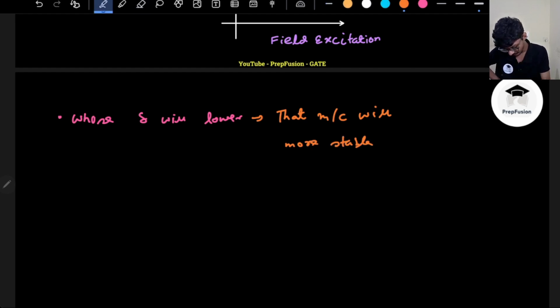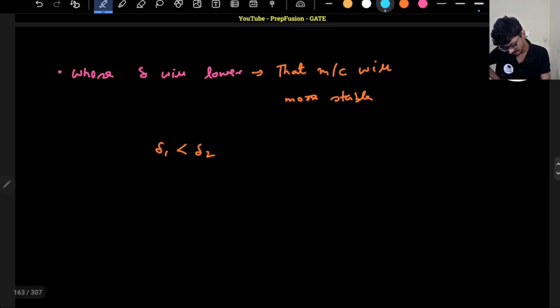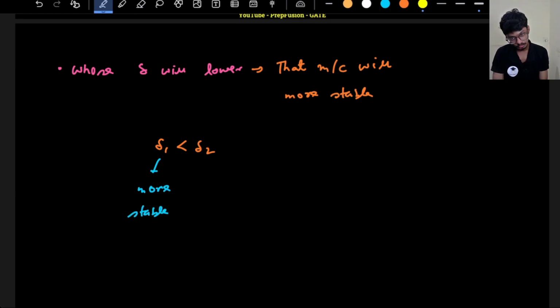So basically if delta 1 is less than delta 2, then I can say this is more stable for the same power. Why is this the case? We will learn this later on, I will explain later on. But for now, remember that if it has a lower delta, it will be more stable.